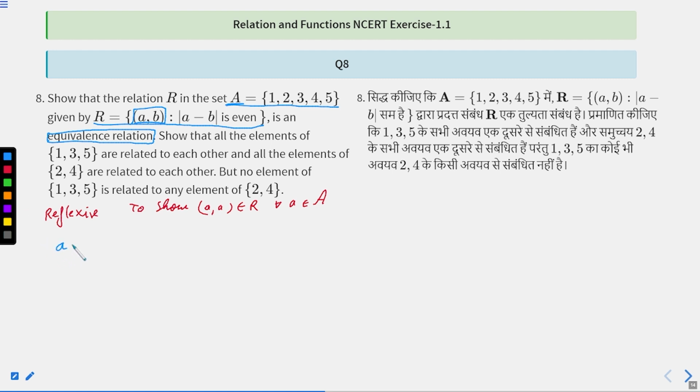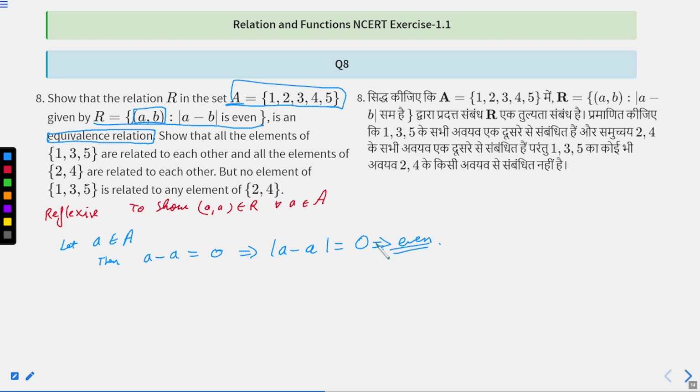Let A belong to the set A. Then A minus A, what will it be? It will be 0. This implies modulus of A minus A will be 0, and we know this is even.